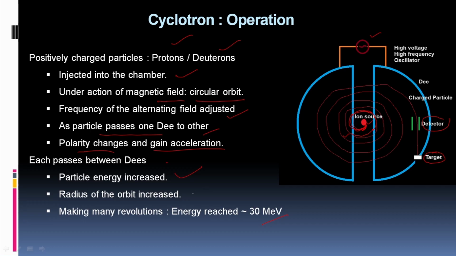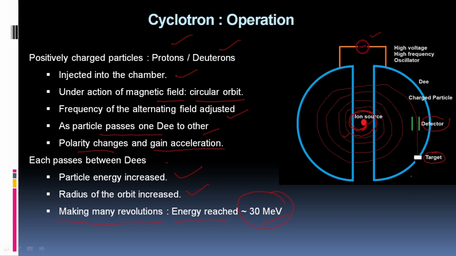That means the radius of rotation increases, and after making many revolutions within this cavity, the energy reaches up to 30 mega electron volts. And if we want only the positively charged particle, we just remove this particle beam from the cyclotron, and we can use it for treatment or any other purpose.